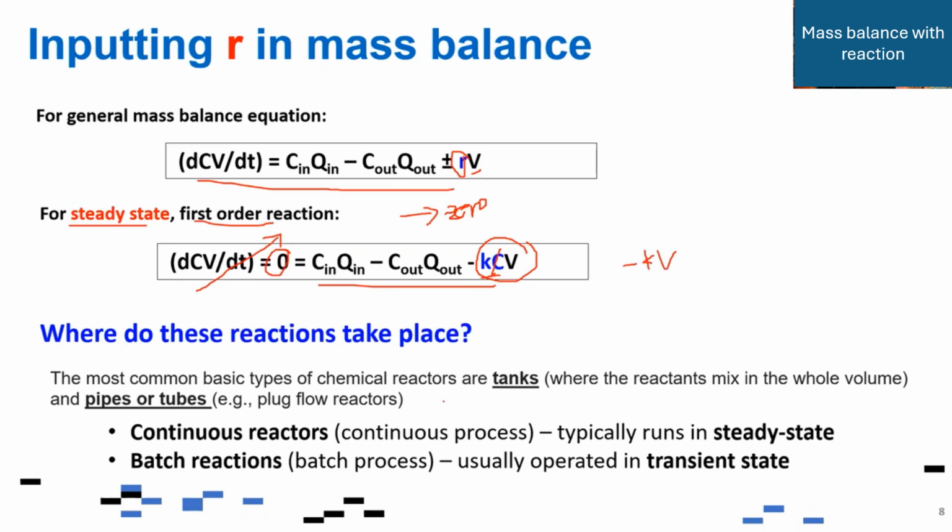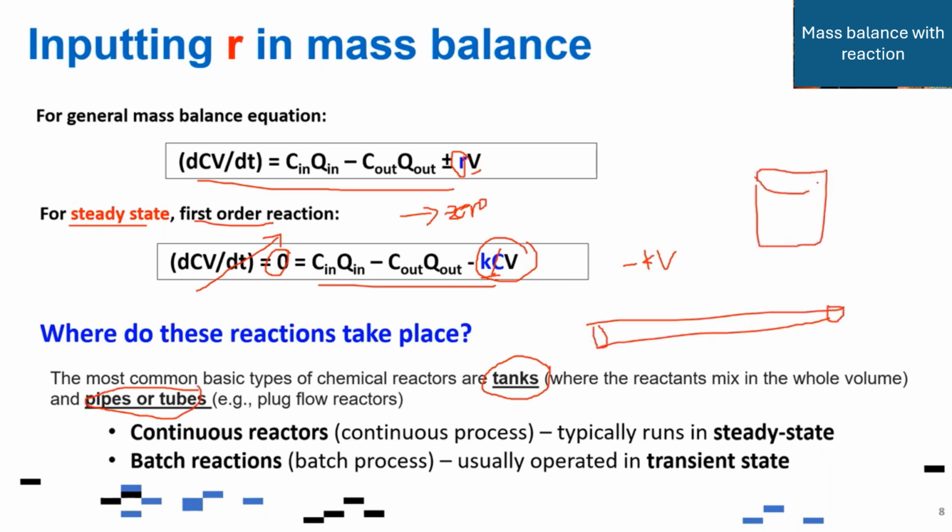All right, some examples of that. Where do we get this kind of reaction? It could be mainly in tanks. We can see a lot of tanks and containers in many environmental processes. Or in pipes or tubes, with quite a long aspect ratio. So we can get some reaction inside, or the tank is just a tank, a sort of container.